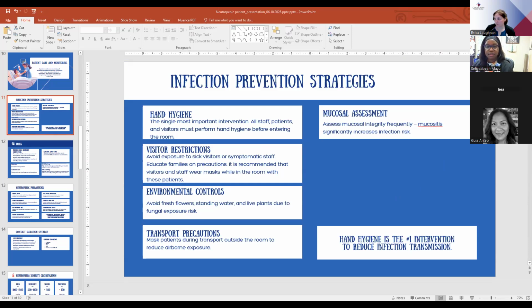Fresh flowers, standing water, all of that. We want to make sure we are keeping that room clean and clear of that. Transport precautions: making sure that the patients are masked, and then any mucosal assessment of that patient. So again, highlighting hand hygiene is the number one intervention to reduce any type of infection transmission.